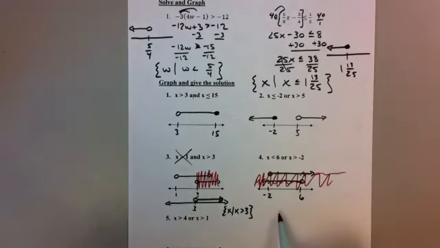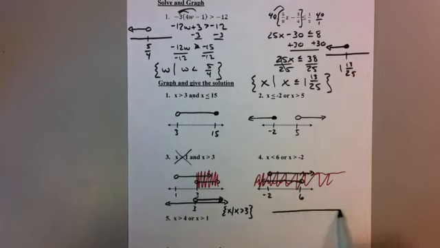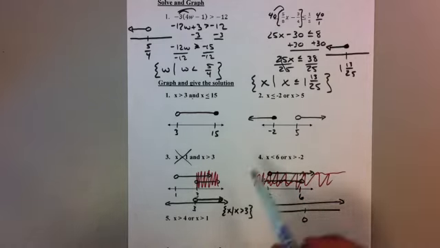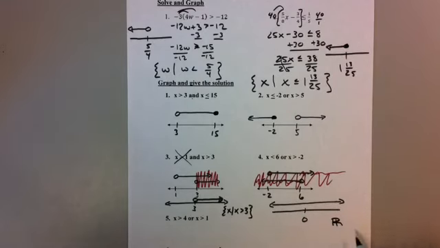If you take a number anywhere on the number line, 1, 2, 3, 4, 5, 6, or negative 2, negative 3, negative 4, negative 5, it'll satisfy one or the other. It doesn't make a difference. So what is my actual solution to this? Well, it's all real numbers. Anything will work for us.